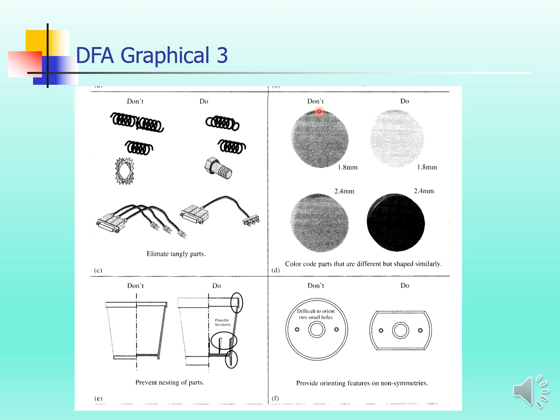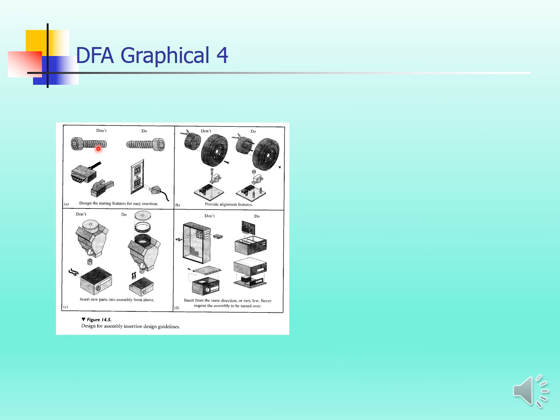Do not use the same color with different thicknesses; instead, use this color at 1.8 thickness and 2.4 using black color. You can see this example, like socket, screw and so on.